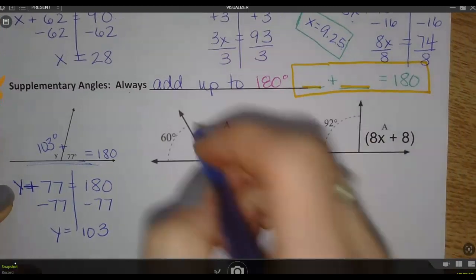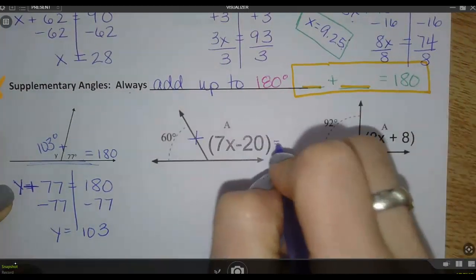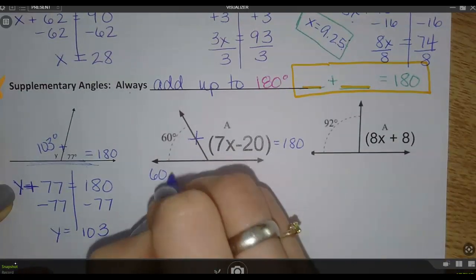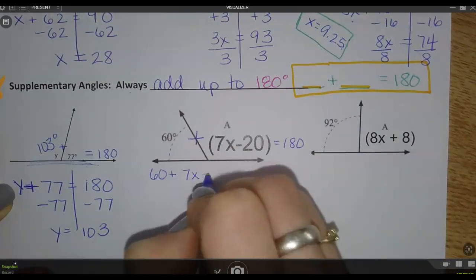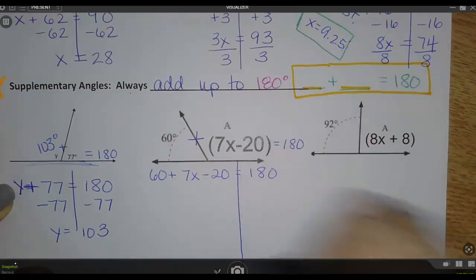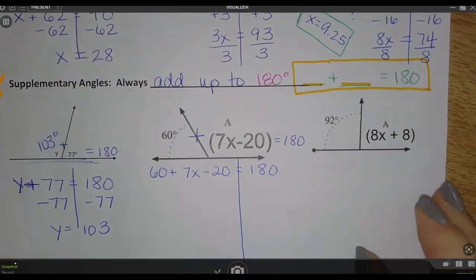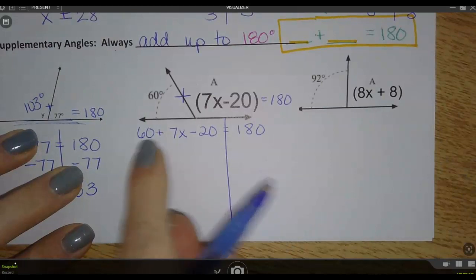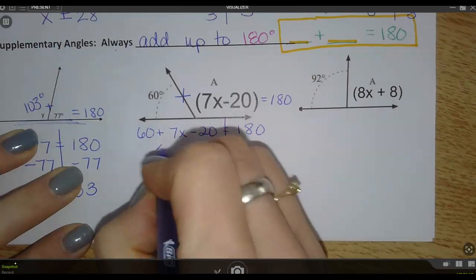Now we have, again, two angles that we know have to make 180. So let me write the equation out: 60 plus the 7x minus 20 has to equal 180. Draw your line down the middle. Let's see if there are any like terms to combine. 60 minus 20 would just be 40.